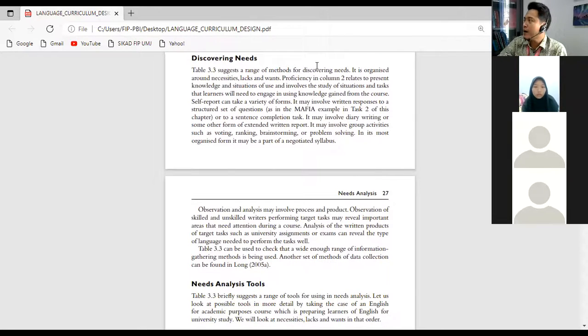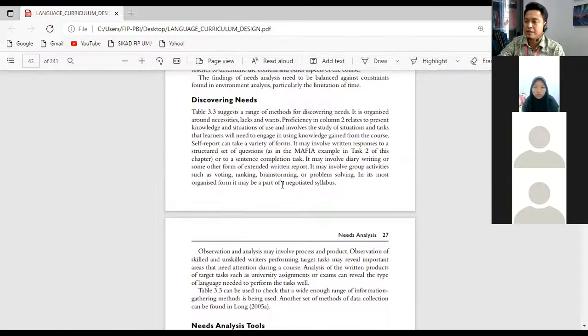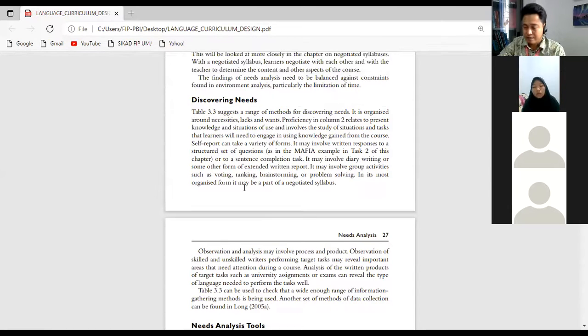Discovering needs, one more time: we are going to use methods. There are many kinds of methods that we can use to discover the students' needs when we design the language curriculum. Starting with the use of observations, and then also interviewing, and then ranking, brainstorming, or problem solving.